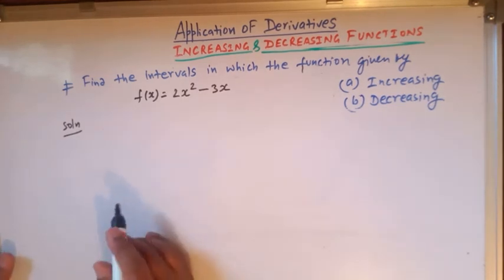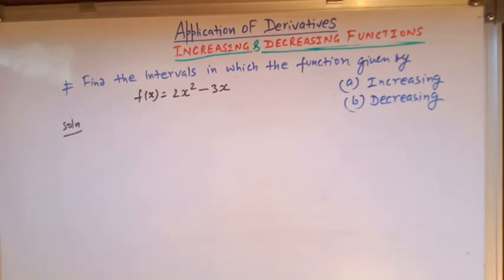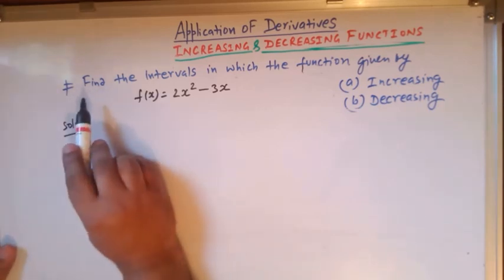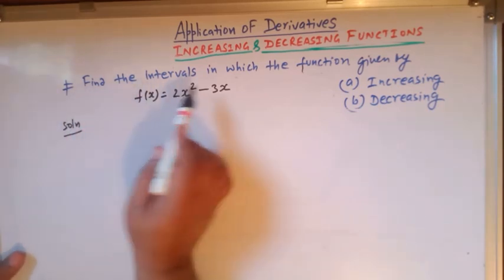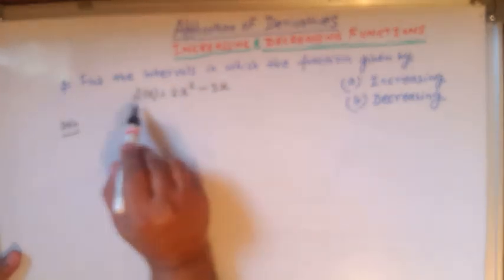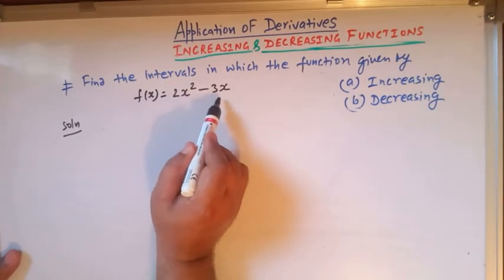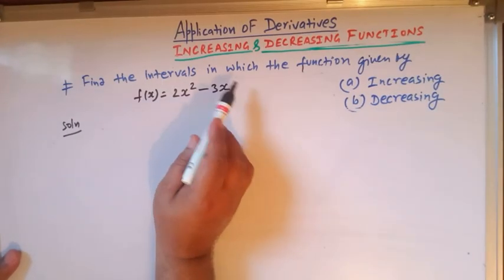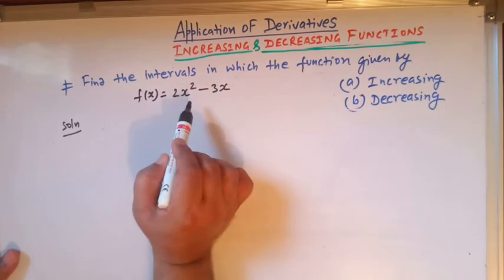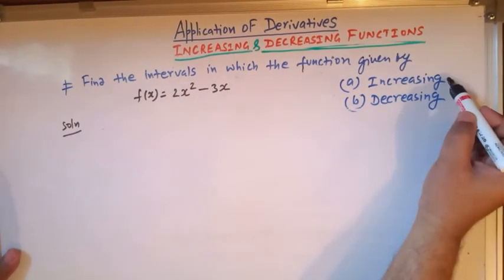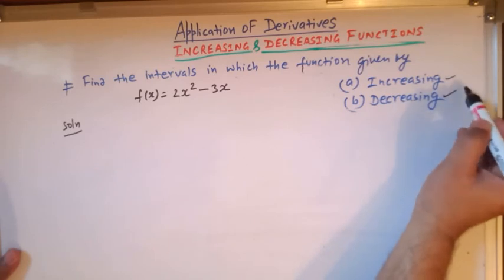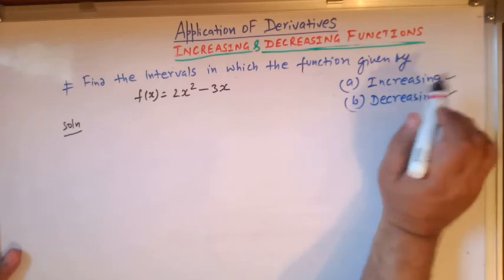Now viewers, let us have this problem. Here we have to find again the intervals in which the function given by f(x) is equal to 2x square minus 3x. This is also a quadratic polynomial, and here also we have to find the intervals in which the function is increasing or decreasing.